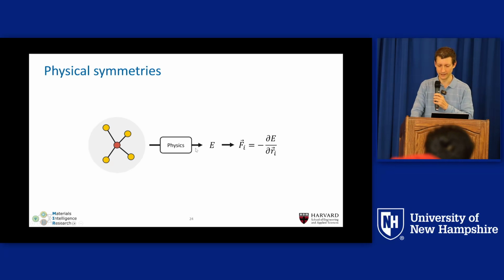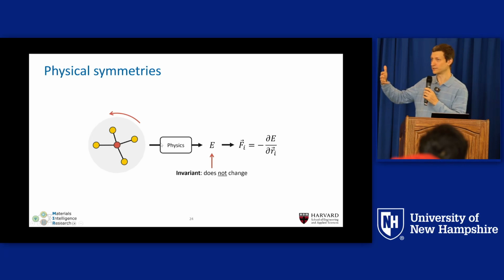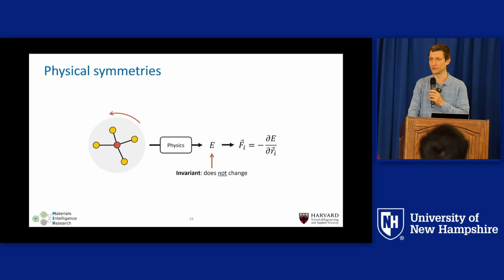One way you can do that is by building invariance with respect to rotations directly into the way you construct your network. That way you have conservative forces, and when you run your model it will respect translational and rotational symmetry, so you get momentum, angular momentum and energy conservation.